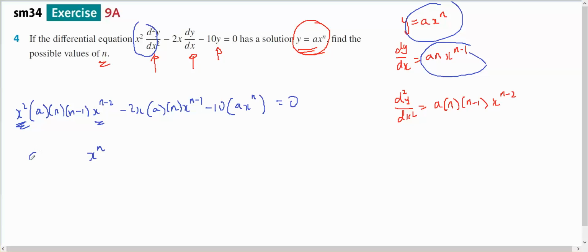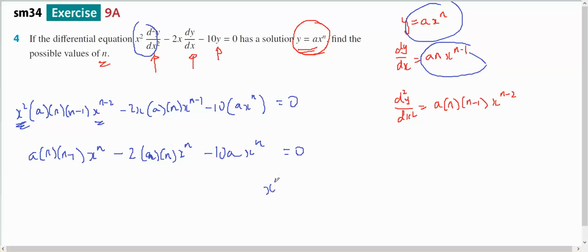And I've got an times n minus 1 of them, minus 2, x times x to the n minus 1 is x to the n. I've got a times n minus 10a x to the n all equals 0.